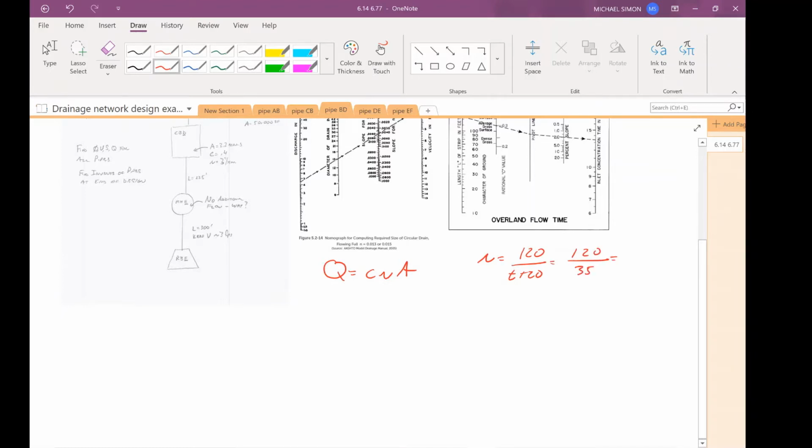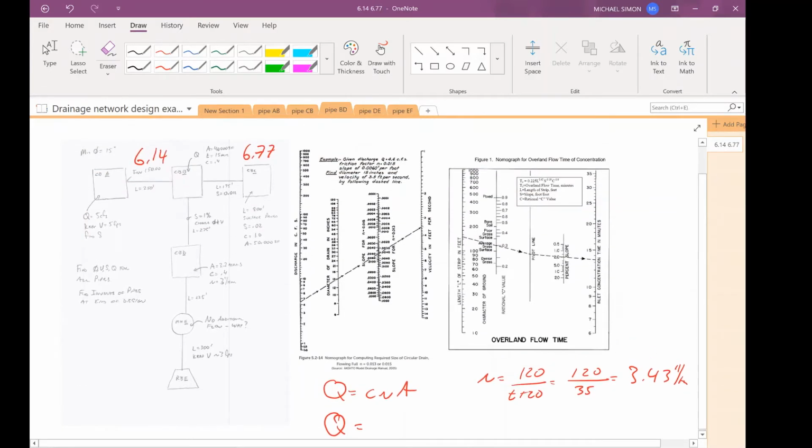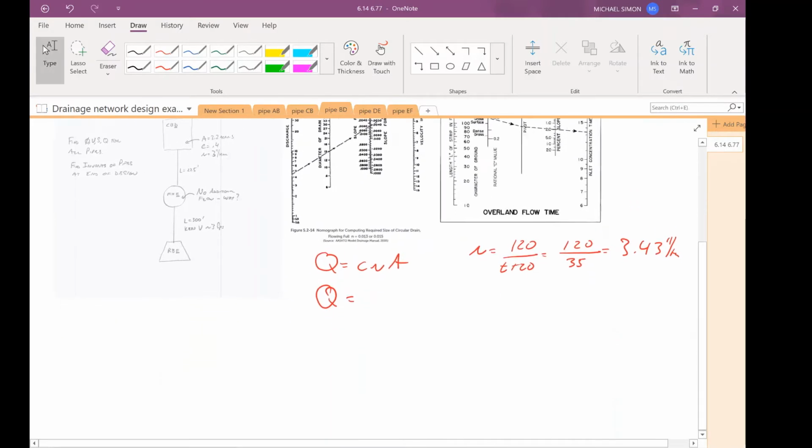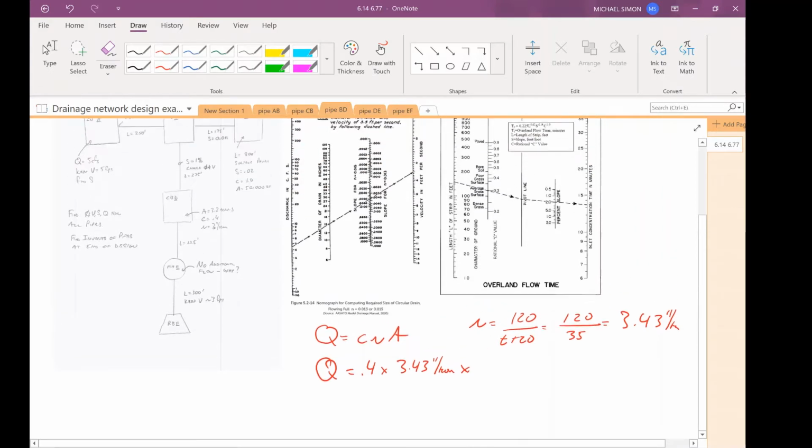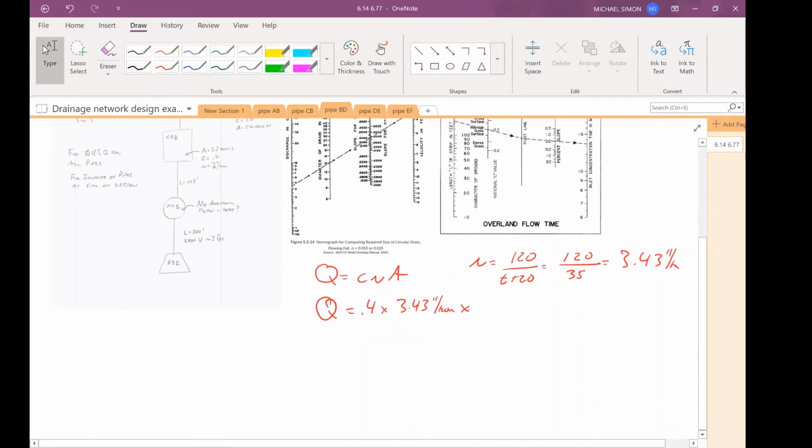So that's going to be 120 divided by 35, 3.43 inches per hour. So Q would be equal to 0.4 times 3.43 inches per hour times the area, 40,000 square feet.